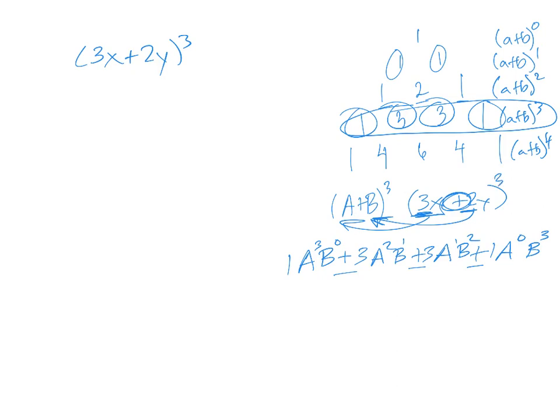All right, so let's replace the a's with 3x's and the b's with 2y's. So 3x to the 3rd, and we have 2y to the 0th power.